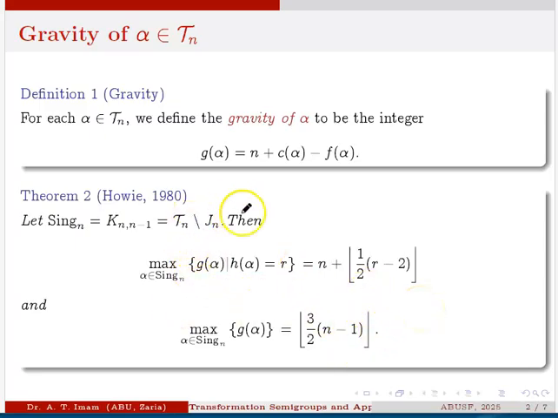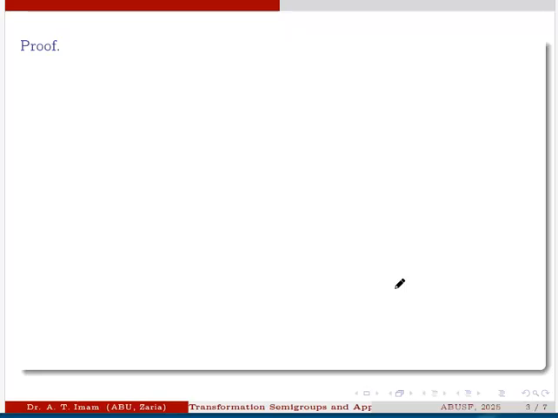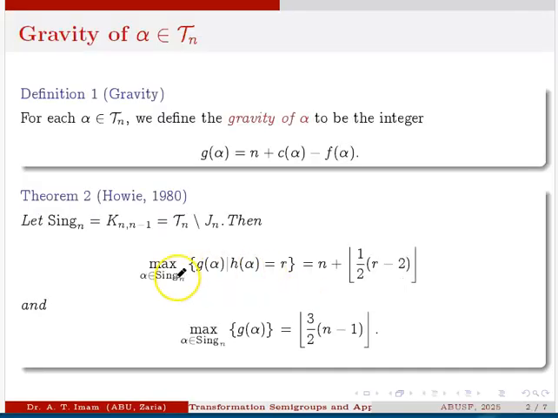So this lecture will be dedicated to discussing the proof of this particular theorem. Because we are looking for the maximum gravity, let's say we are now trying to find, among all the elements of height r, what is the maximum gravity? And this is what we are doing here.